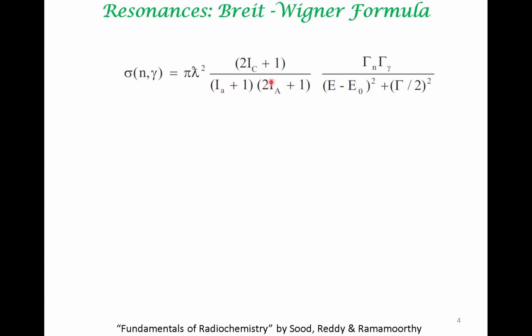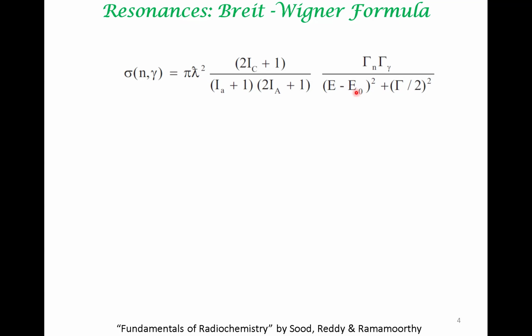This is the other reactant, the nuclear spin of the target nucleus. This is the line width of the neutron channel, the line width of the gamma channel. This is the overall line width. E is the energy of the neutron. E naught is the so-called resonance energy.